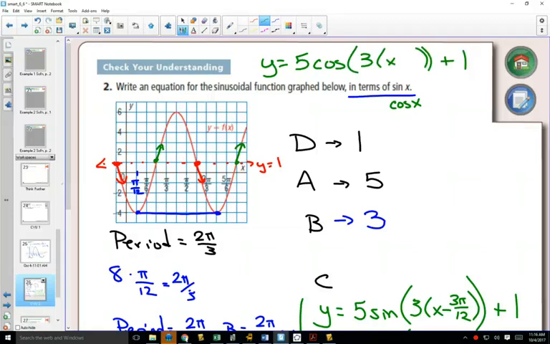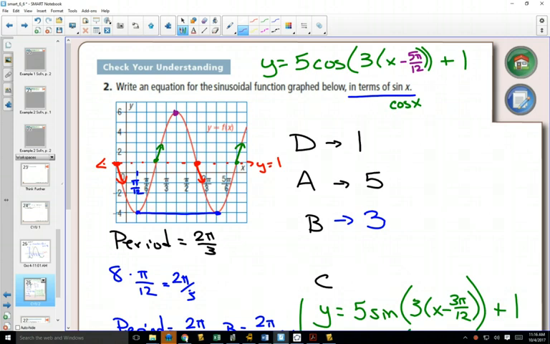Still have a plus 1 at the end. The only thing that's going to change is where does it start? Where does a cos graph start? At a maximum, right there. That's 1, 2, 3, 4, 5 sections to the right. So I could write minus 5 pi over 12. And so all 4 of these equations that we've written are exactly the same. They mean the same thing.